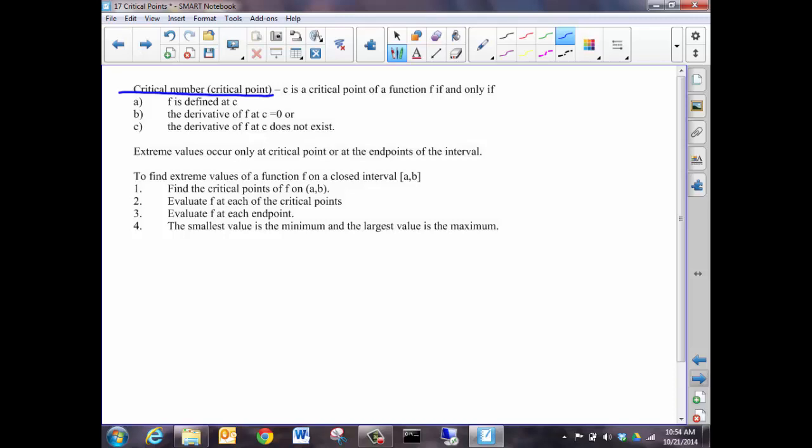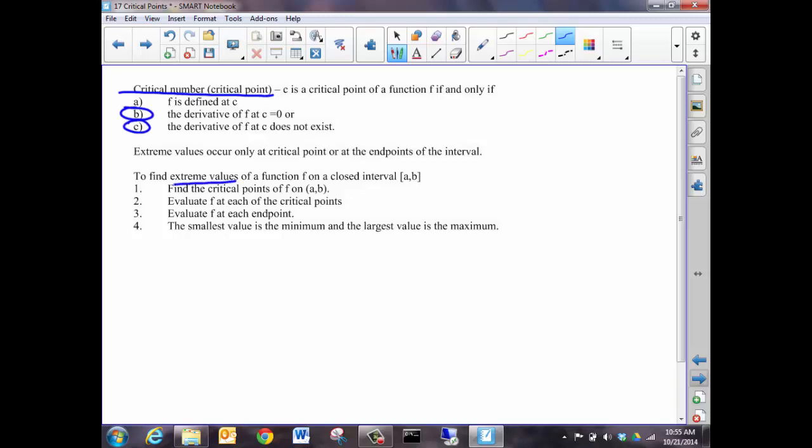A critical point is a place where the derivative is 0, the derivative is undefined, and it changes sign. Excuse me, I'm going to back up. Critical points only meet the first thing. The derivative is 0 or undefined.